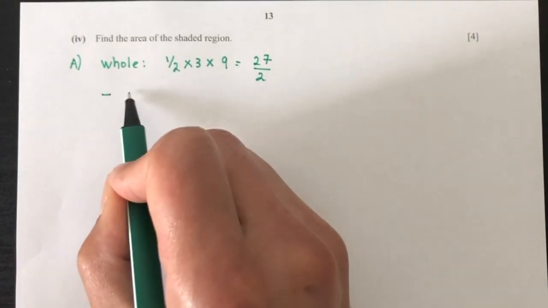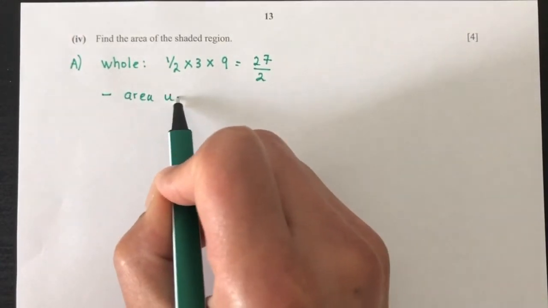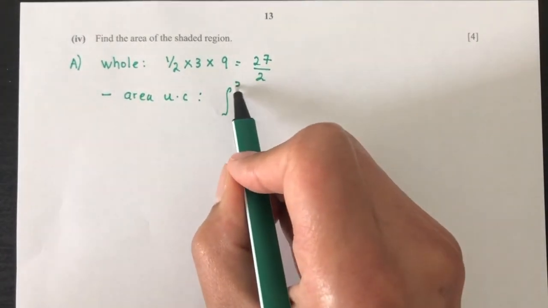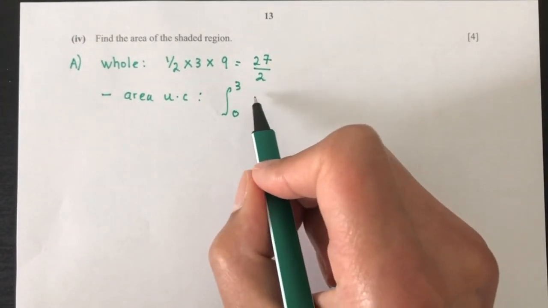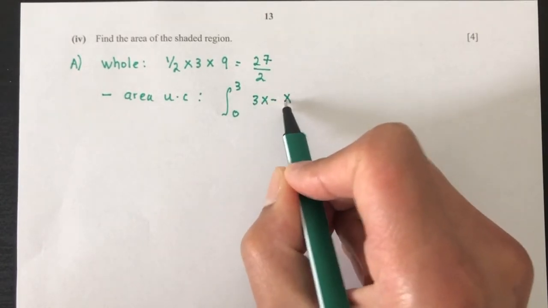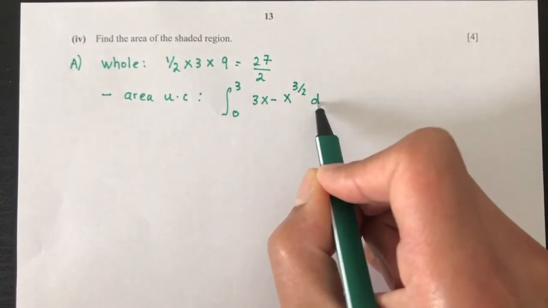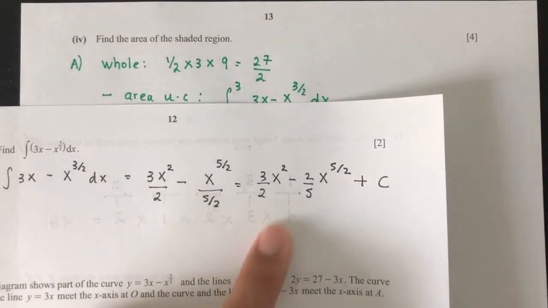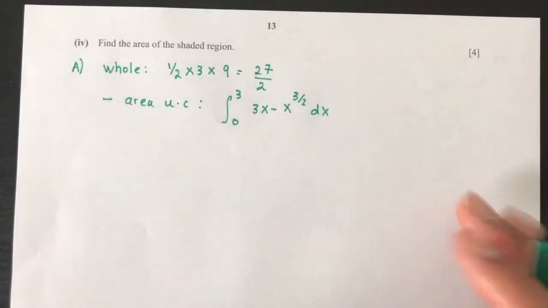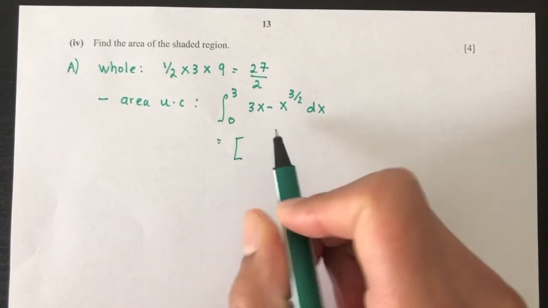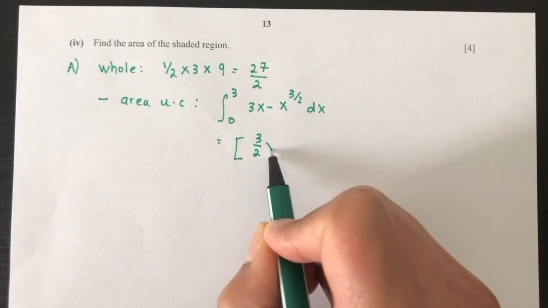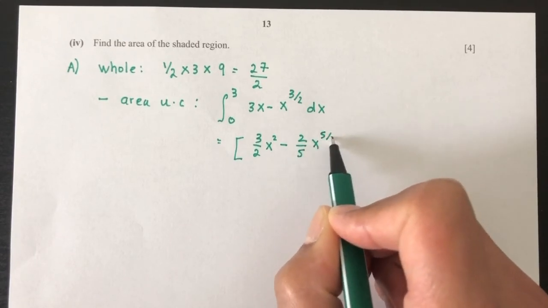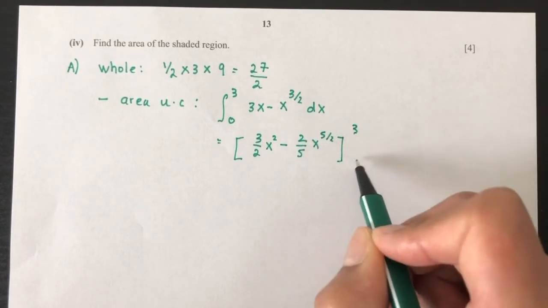Now we have to minus the area under the curve, which is equal to the integration between 3 and 0 of the curve, which is 3x minus x^(3/2) dx. For this one, we have done this already in part 1. We just have to replace back in the equation. You will have 3/2 x squared minus 2/5 x^(5/2) between 3 and 0.